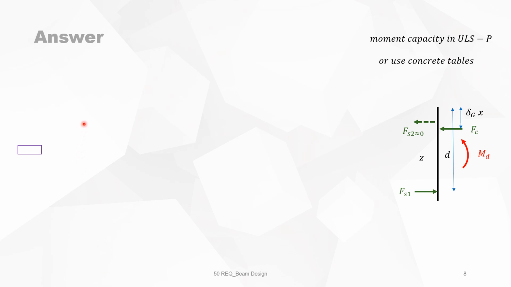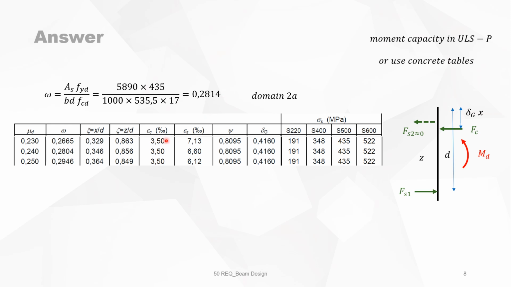So we will now calculate the moment capacity in ULS persistent by using the concrete tables. So we know that the mechanical reinforcement ratio is defined by this. We put in the corresponding numbers, and we got that omega is 0.2814. We know directly from the concrete tables that we are in domain 2A. We have to make an interpolation of those two lines to find mu d, the reduced bending moment.